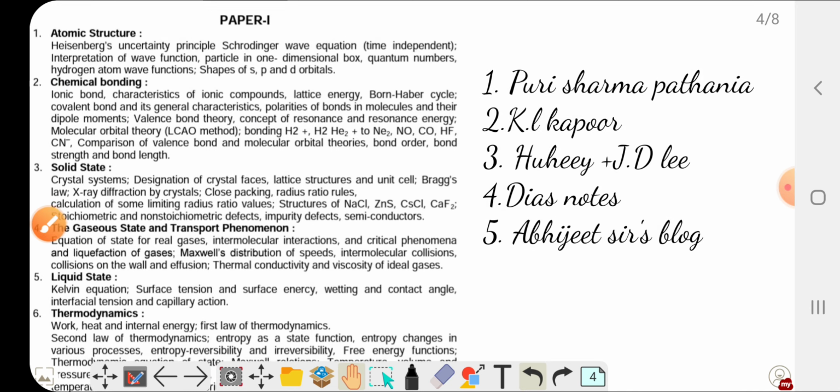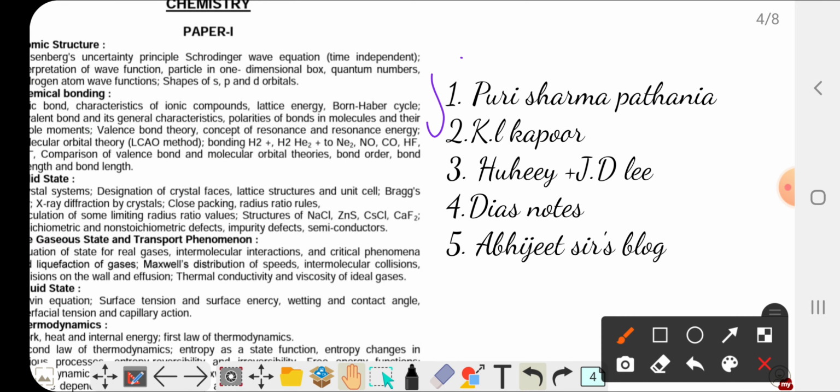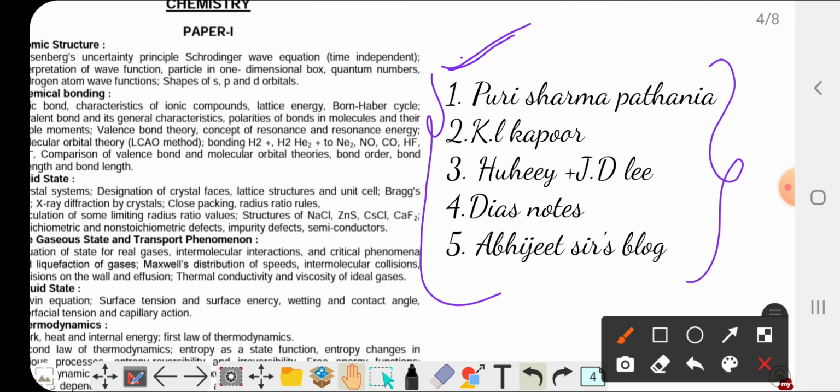You don't have to refer to these books from cover to cover. Select at least one book and one set of notes which you have to read comprehensively. For other resources, you have to do content enrichment. Suppose I have stated that I will be following Puri Sharma Pathania for the whole physical part, as well as the Dias notes.